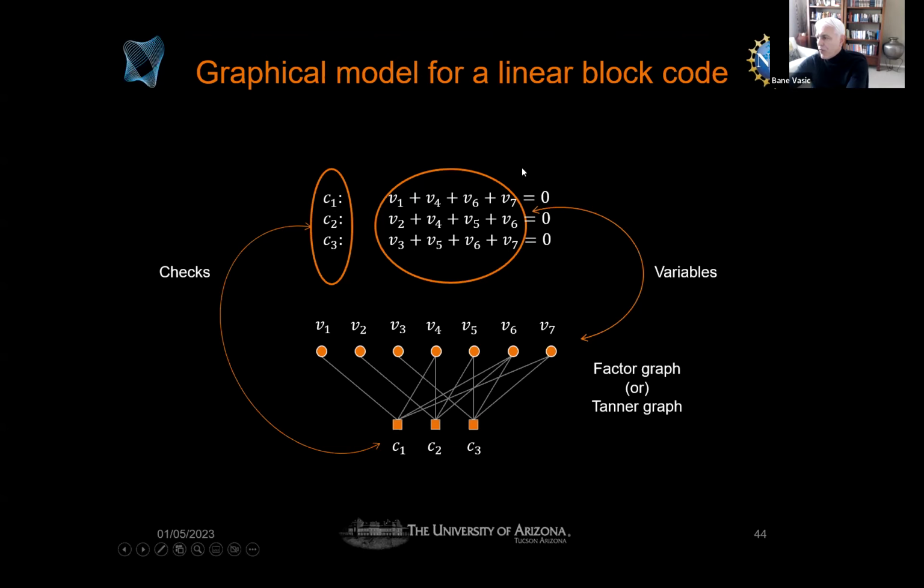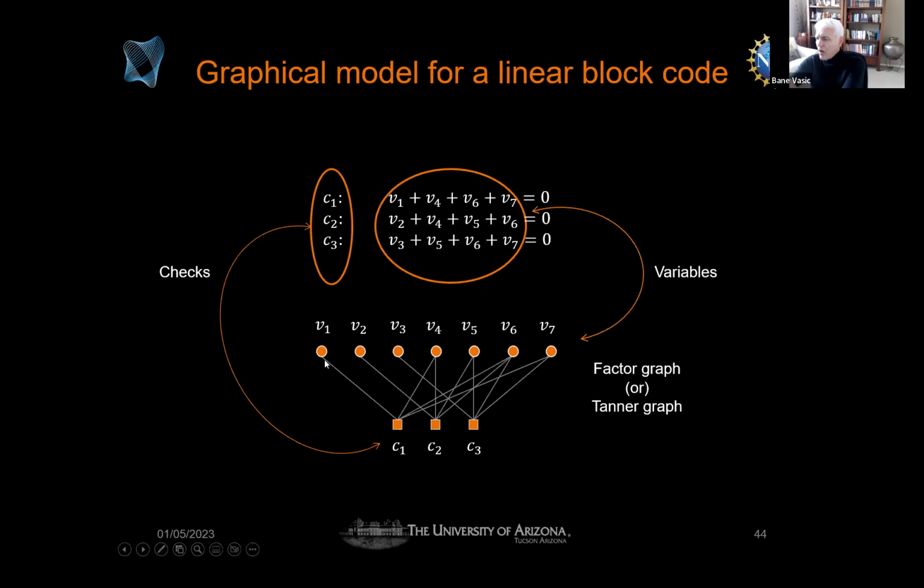For every parity-check matrix, for every system of linear equations, I can construct a graph that will contain 2 groups of nodes. These circles correspond to variables or bits, and these squares correspond to parity checks or check equations. There are 3 of them. This graph is bipartite, and there are connections only between circles and squares.